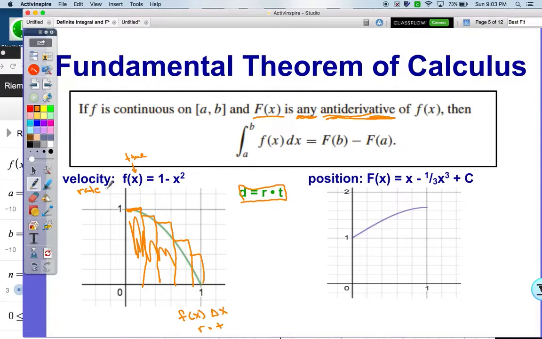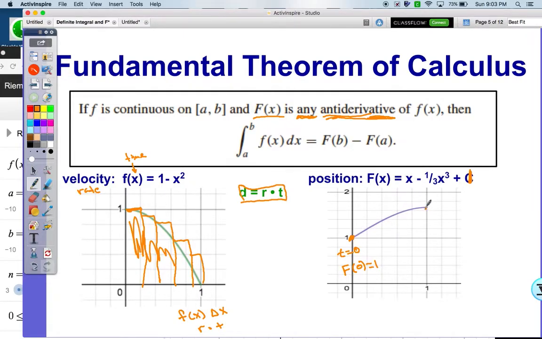Well, we've already talked about how the antiderivative of velocity is the position, and here is one such antiderivative. I'll put a plus c here. I think I end up using a plus 1 for my graph. If I want to know the distance that I traveled, at time 0, I'm at 1, because f of 0 is equal to 1 here.